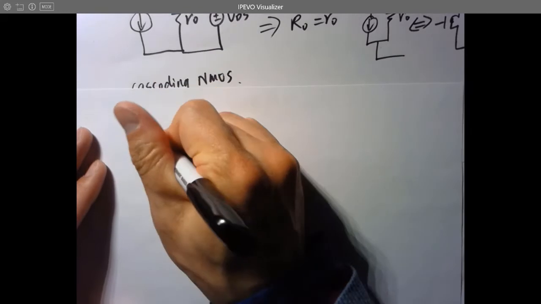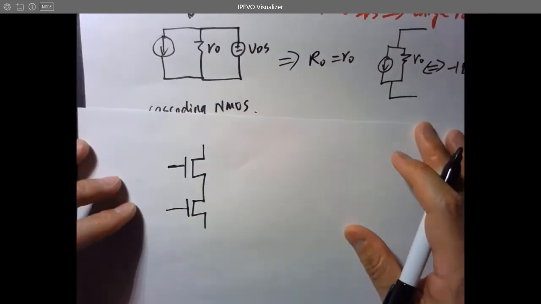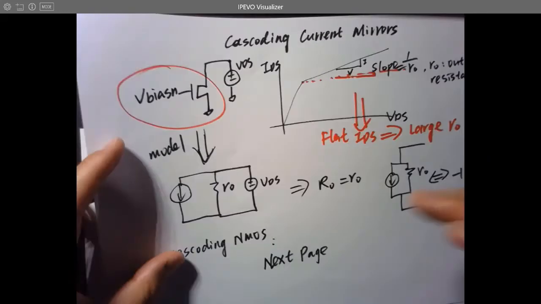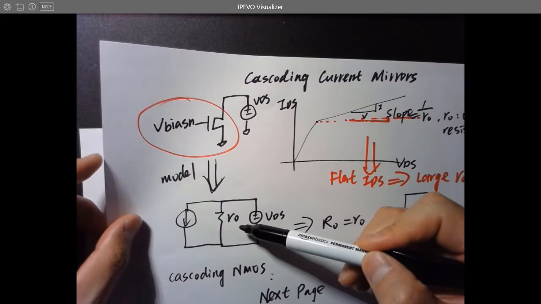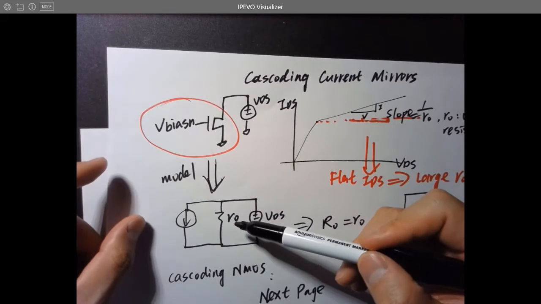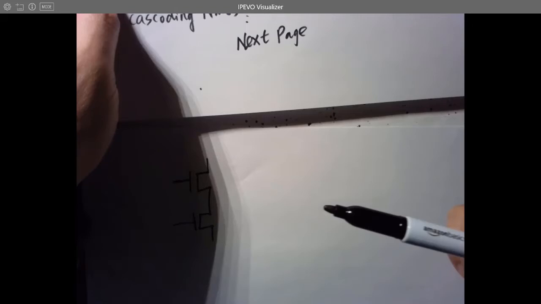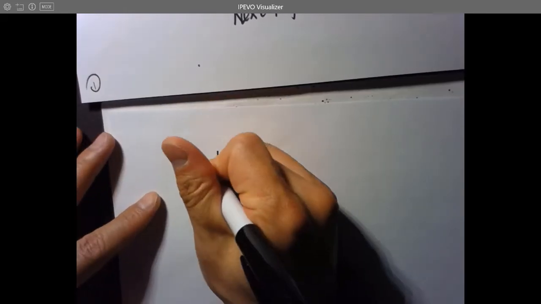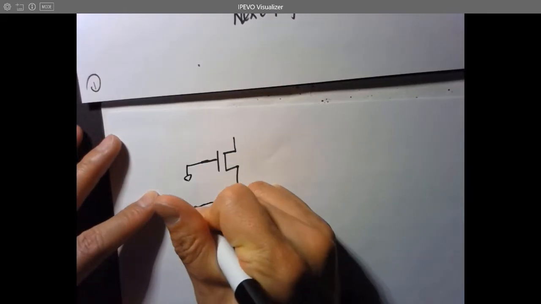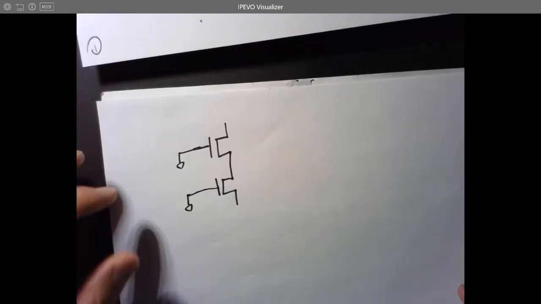And because we are doing AC analysis, you can feel free to ground the VGS, which is a DC source. You can feel free just to ground it.